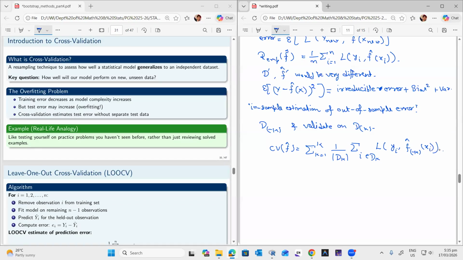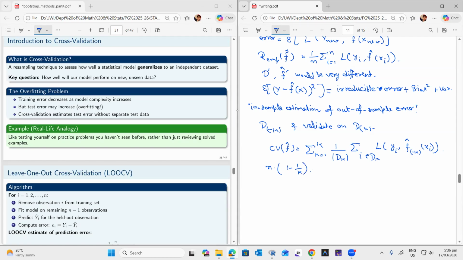All right, this is an approximately unbiased estimate of the generalization error for the model f cap trained on a data set of size n times 1 minus 1 upon k.